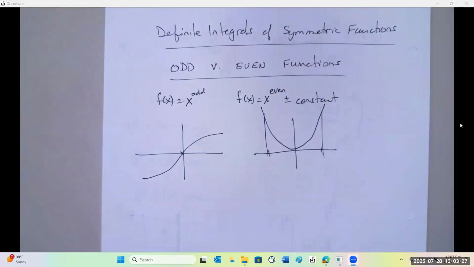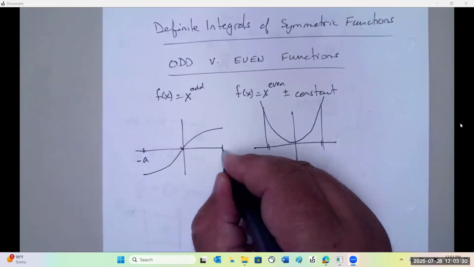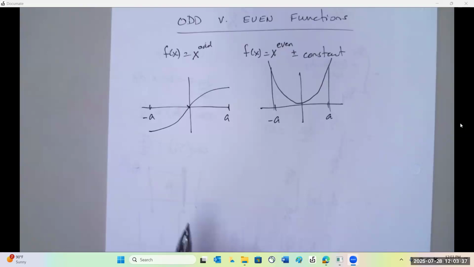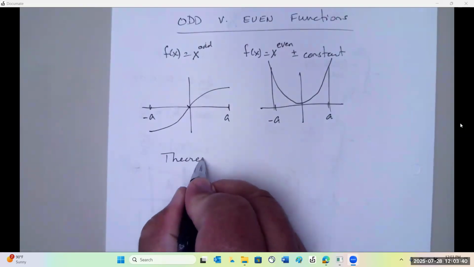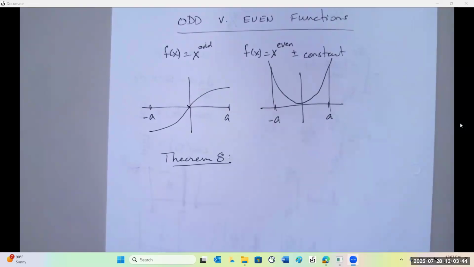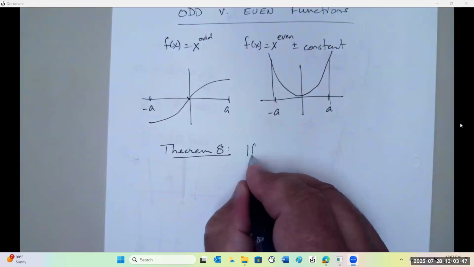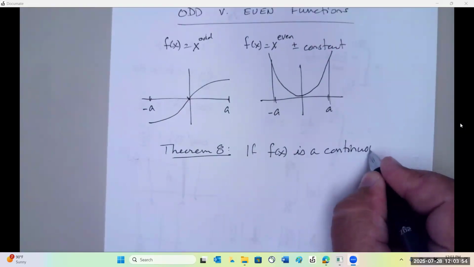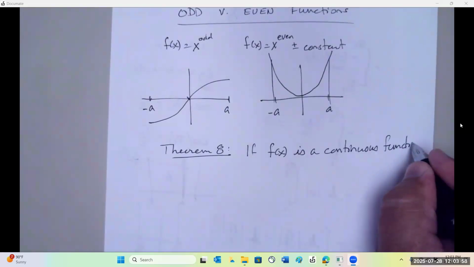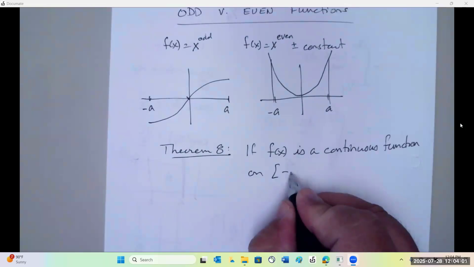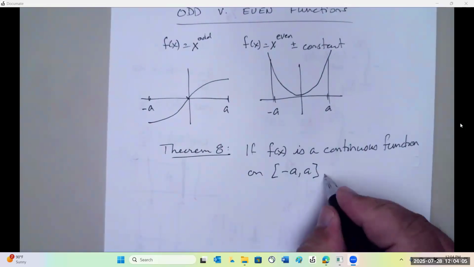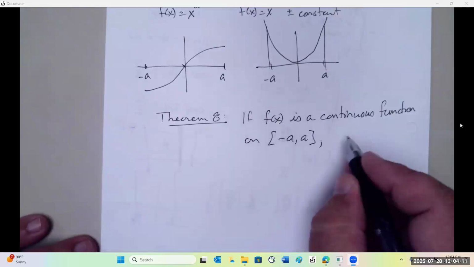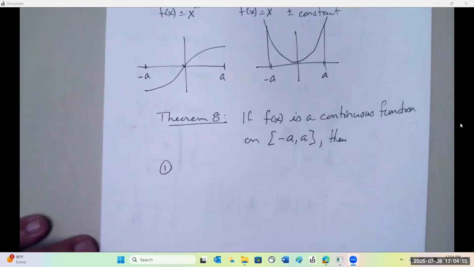Why is that important to us? Because this goes from negative A to A. Theorem 8 tells us if f of x is a continuous function on a closed interval from negative A to A, then we have two things that can occur.